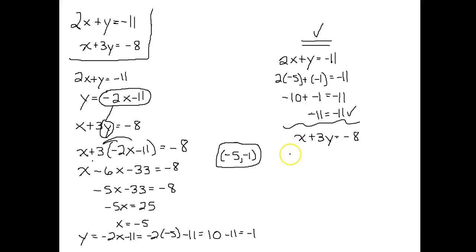Plug in negative 5 for x, plug in negative 1 for y. You get negative 5 plus negative 3, which is negative 8. So that worked as well. Woohoo! My check shows that that ordered pair does indeed work in both equations. When I graph these two later, you're going to find that those two equations are lines that intersect at negative 5, negative 1.